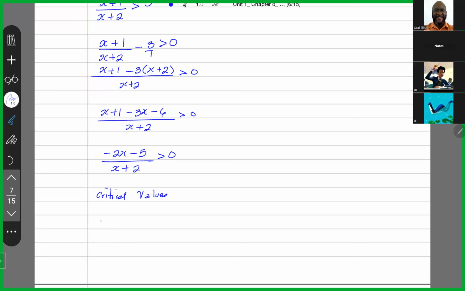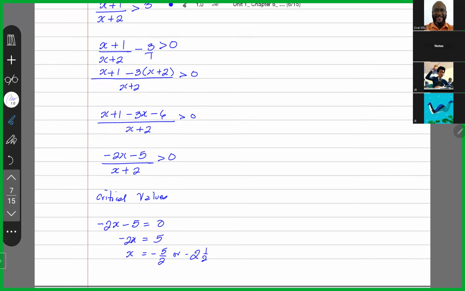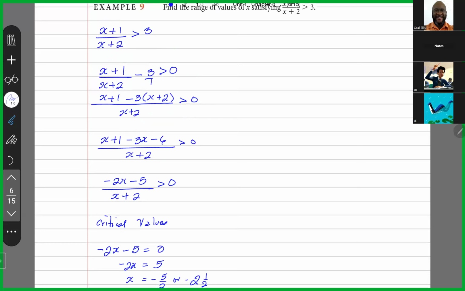We're going to put the numerator equal to 0. So minus 2x would be equal to 5, and x would be equal to minus 5 over 2, or minus 2½. That's one critical value. Let's get the other critical value.